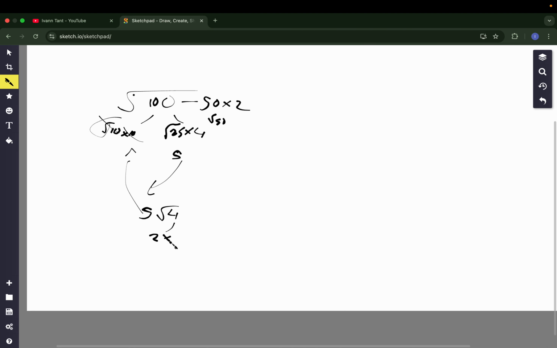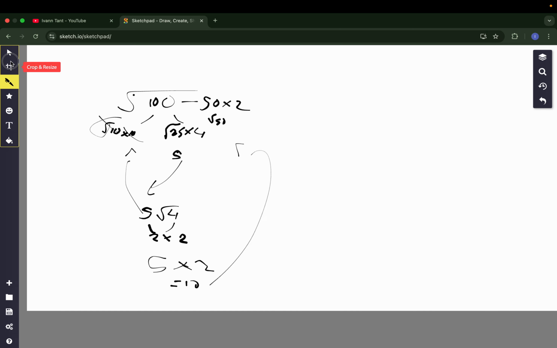So 2 times 2 equals 4, and it would actually just equal 5 times 2, which equals 10. You could actually just put this in your calculator. This is another way of figuring it out.